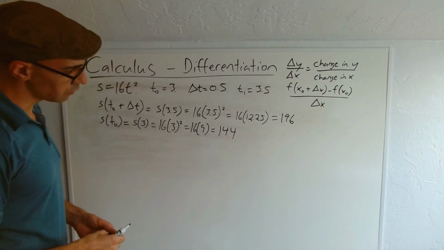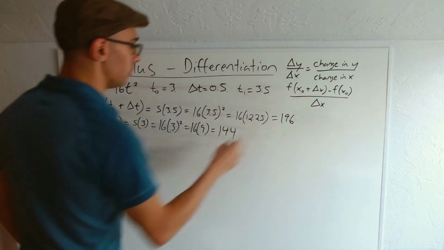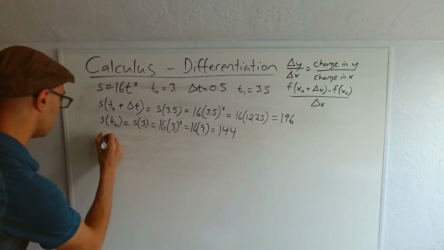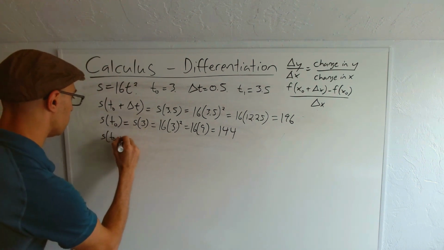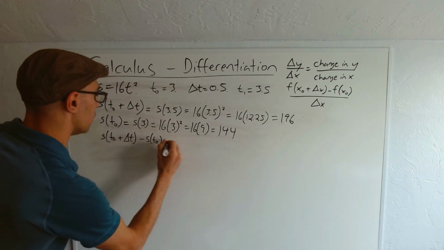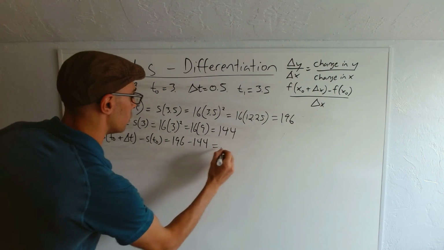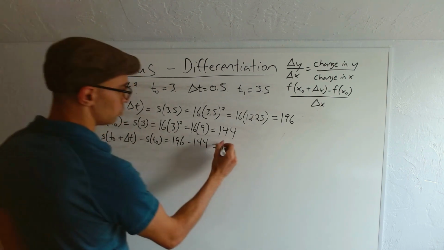Right? 90 plus 54, 144. Okay, so let's do this entire top piece, which is this minus this. So s of t naught plus delta t minus s of t naught is 196 minus 144, which is 52.